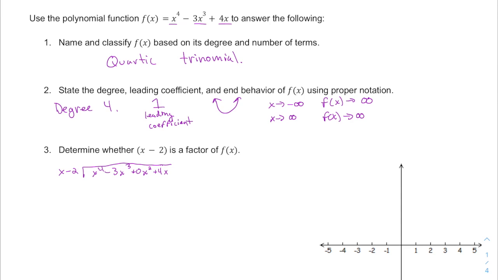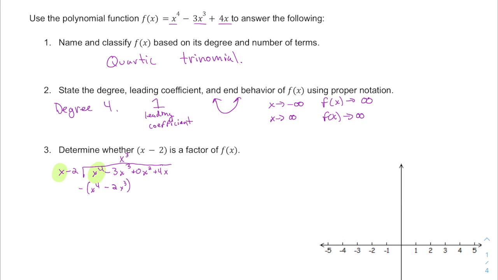And when we're dividing polynomials, we want to focus on the first term. So x goes into x to the fourth, x to the third times. Then we multiply x to the third back by our x minus 2. X to the third times x gives us x to the fourth. X to the third times negative 2 gives us negative 2x cubed.